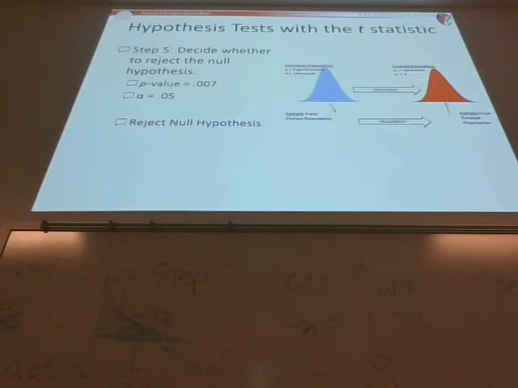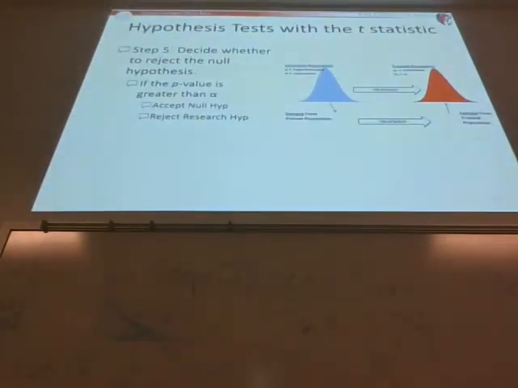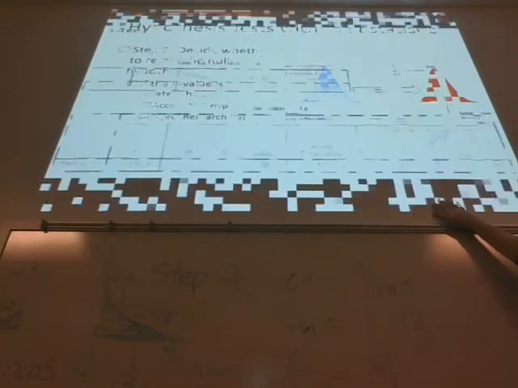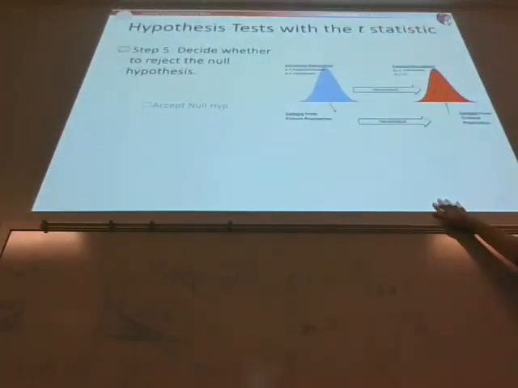If you are unsure about comparing your p-value to your alpha value, consult these two slides. The same way that you were doing it before with the cutoff score and the critical value, consult these two slides and make sure that you are making the right conclusion.